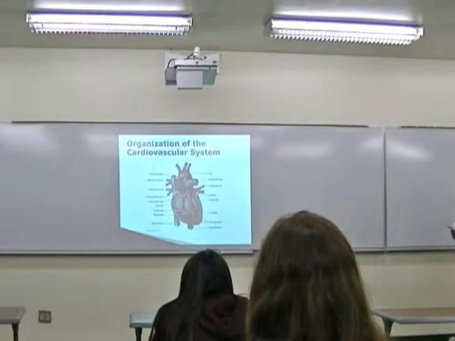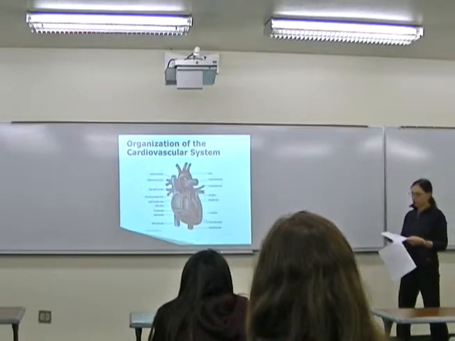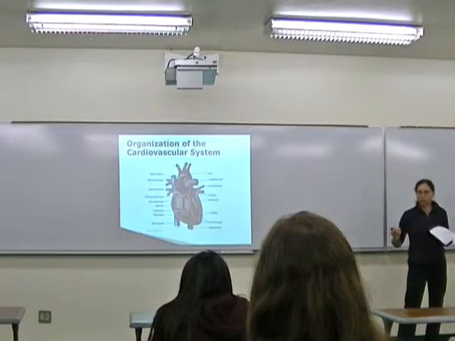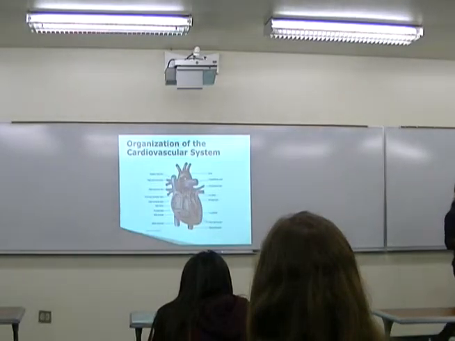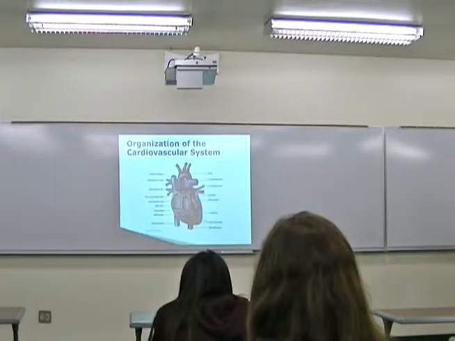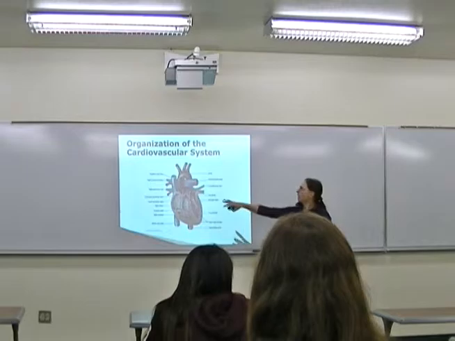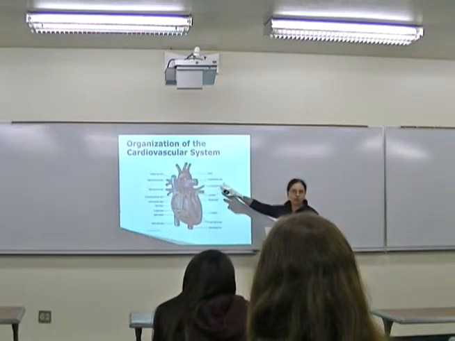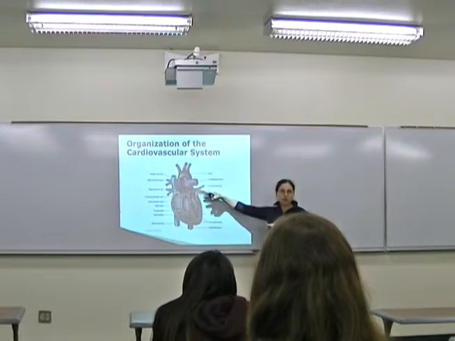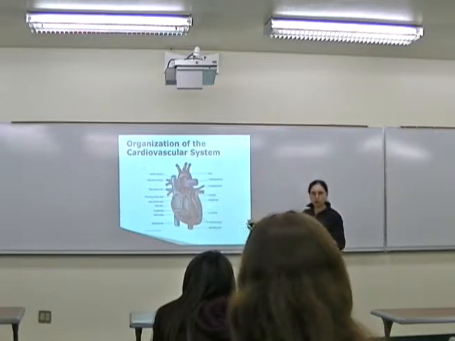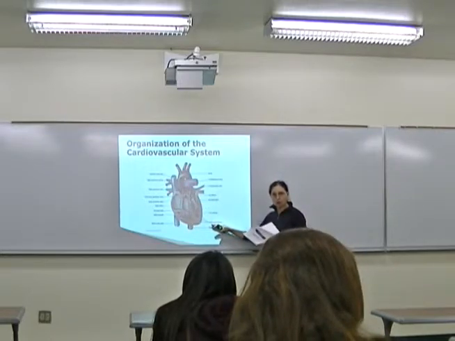Make sure that you know your terminology for the pulmonary circulation and the peripheral circulation so that you're not getting those two separate circulations muddled up, all right? So what's happening with the circulation to the lungs and back to the heart, what's happening to the circulation to the rest of the body and back to the heart, all right?